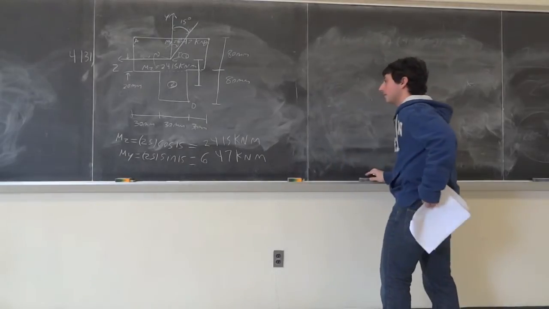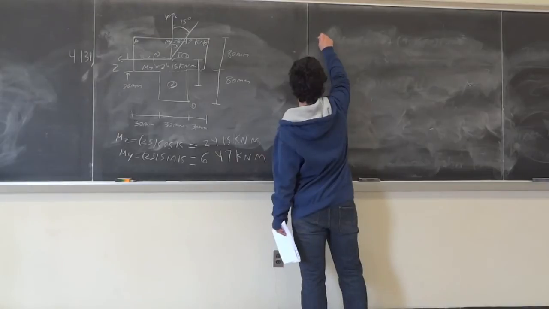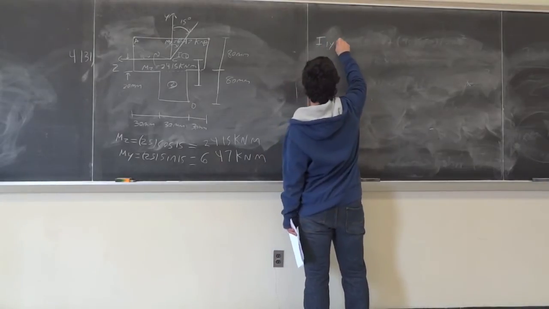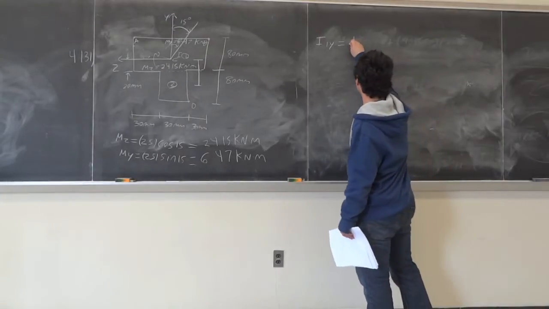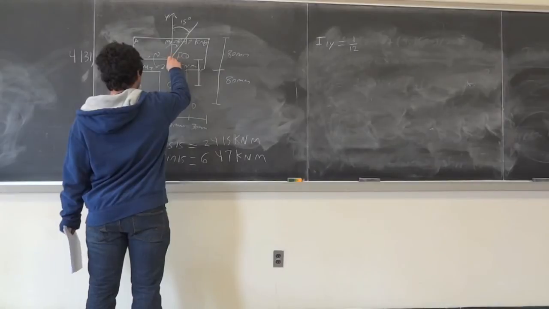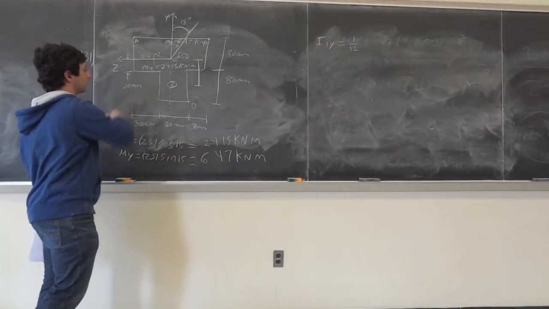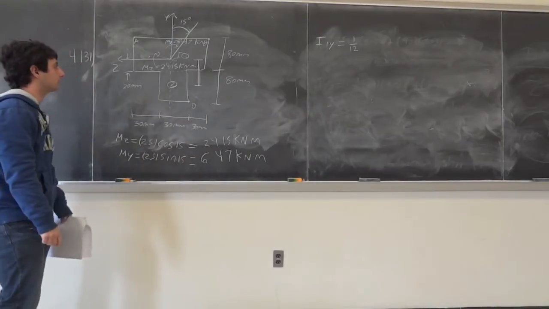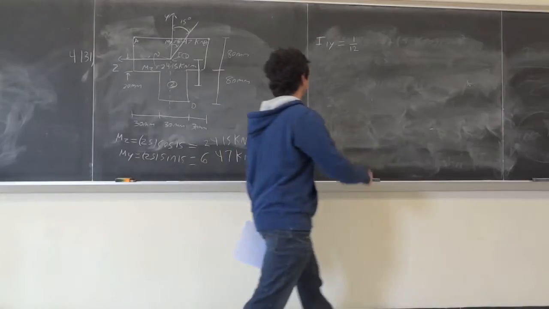Okay, so now I want to find the moment of inertia around the y-axis. So let's find I1y. What is that? I'll ask you guys. It's 1/12, right? This is a centroid over here. So what is it? This is rectangle 1. It's 1/12 times 80, exactly. 80 is the base in this case.